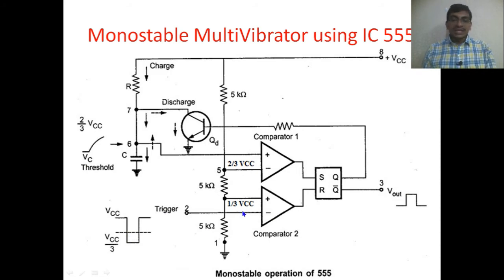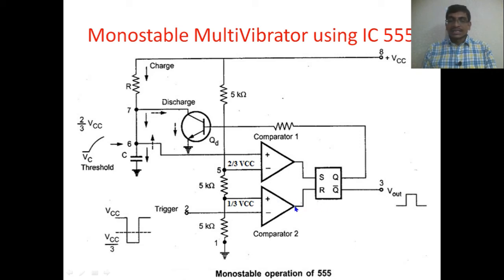So this comparator 2, or lower comparator, will trigger, and the output voltage will be the plus V saturation, because the voltage at the non-inverting terminal is greater here, as we are applying the negative voltage. Therefore 1/3 VCC is greater than this negative voltage, so the output will be plus V saturation.